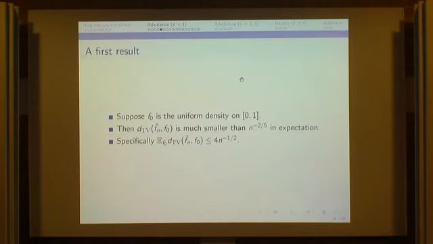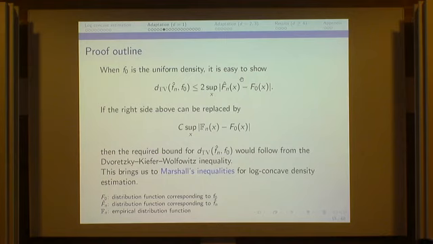Specifically, we found that this total variation risk can be upper bounded by n to the minus half, which is again the parametric rate. And the constant is also very nice in this case. So how do we prove such a result? I just provided some outline here.